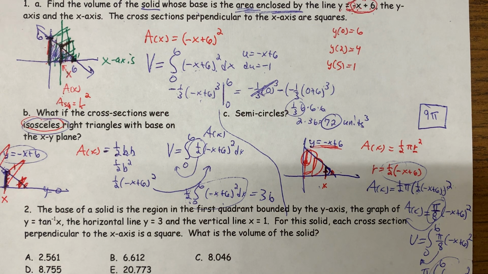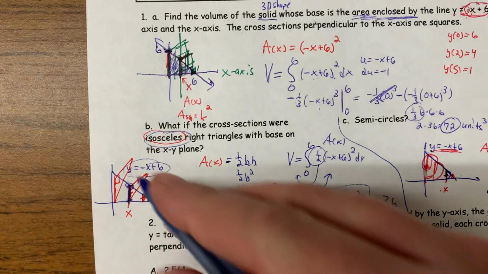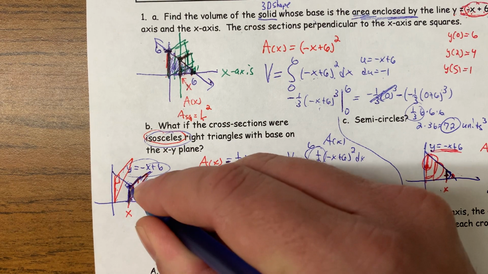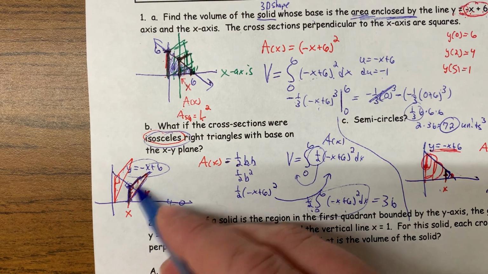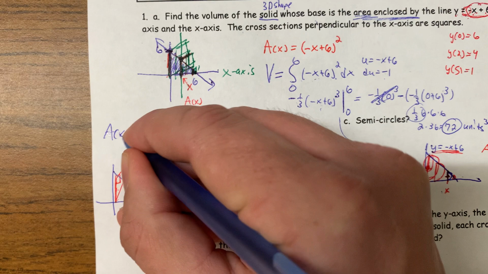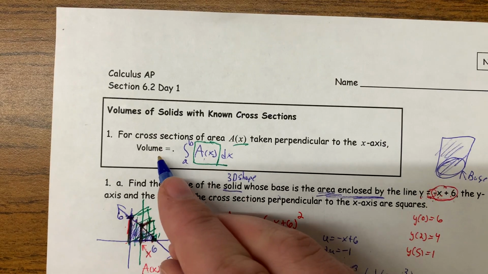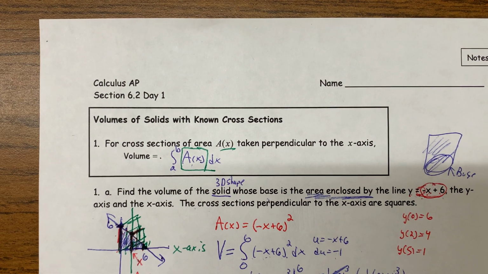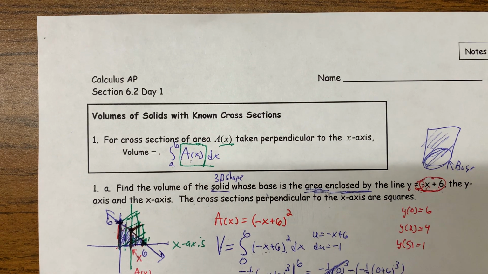Maybe trapezoids. There's just not that many things. What they're often going to do is tell you what shape is sticking up. And you have to find the area of that shape, and that will be the area at each x. And then we'll be able to use our volume formula that says it's the integral from the beginning to the end of whatever the area is.